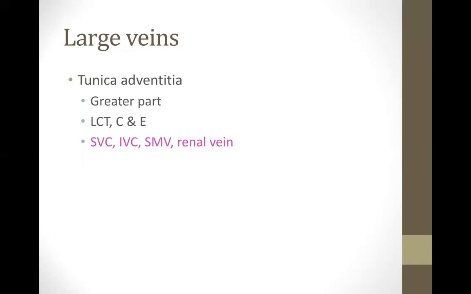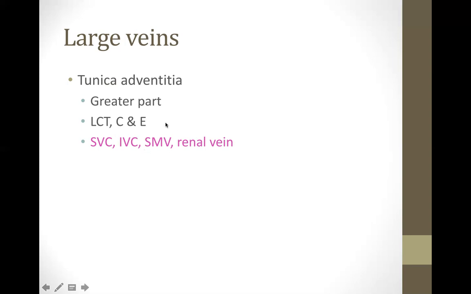The large veins examples are the following. Sige nga, can you supply what are the meaning of SVC, IVC, SMV? What is SVC? Anyone? Superior vena cava. IVC? Inferior vena cava. Very good.